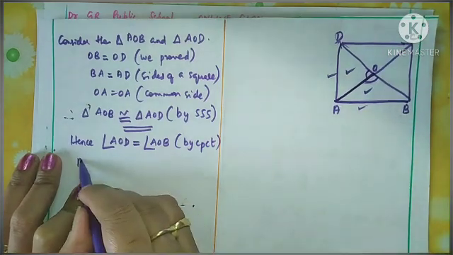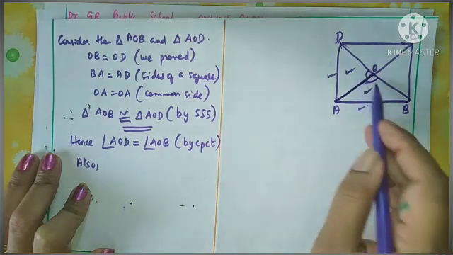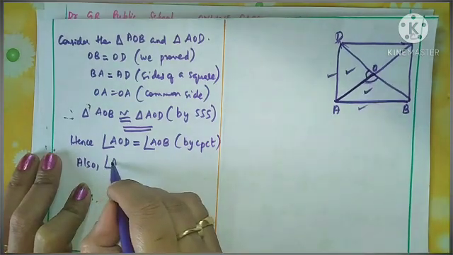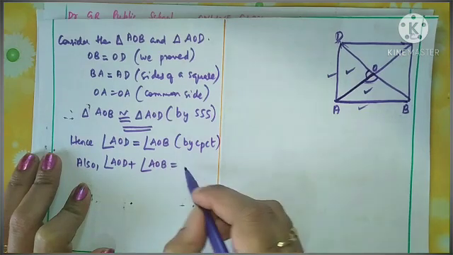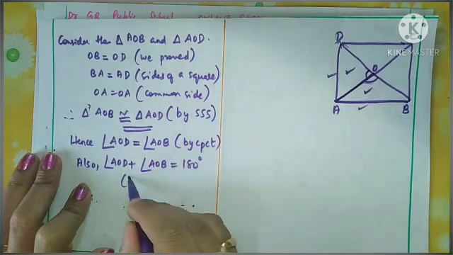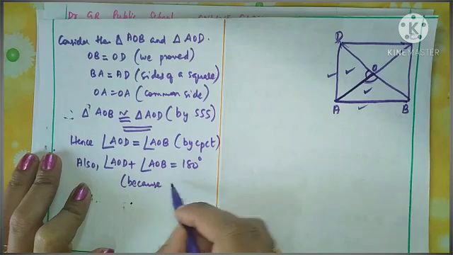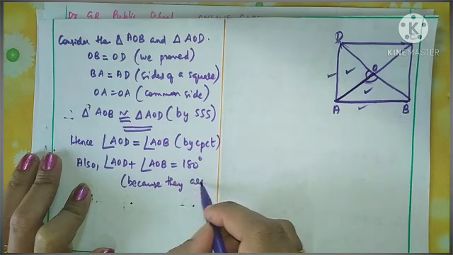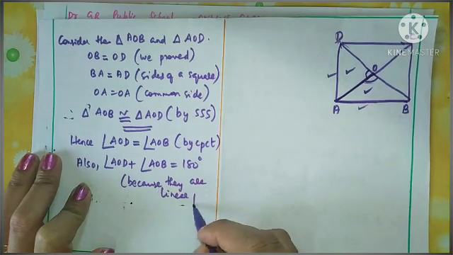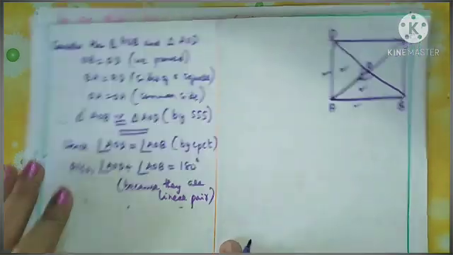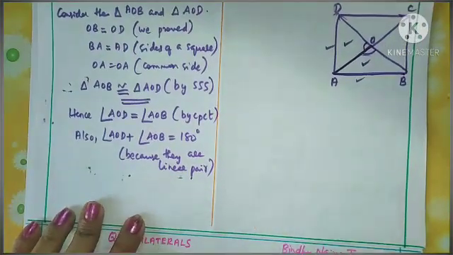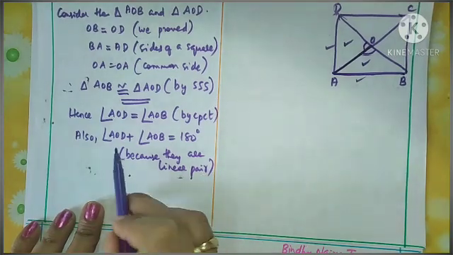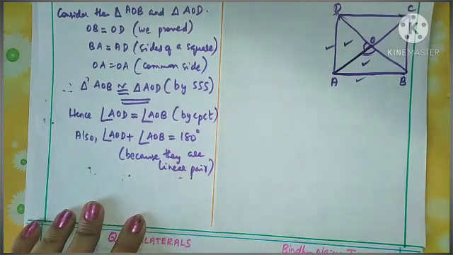Also, the sum of these two angles, angle AOD plus angle AOB, is 180 degrees because they are a linear pair. Understand? So when they form a linear pair, their sum is equal to 180 degrees.